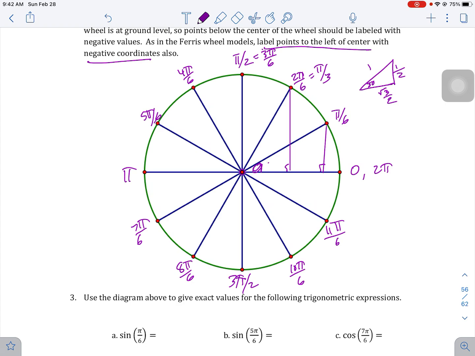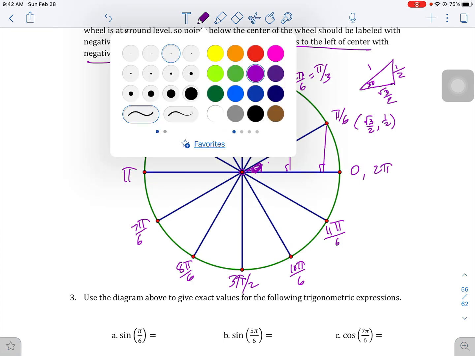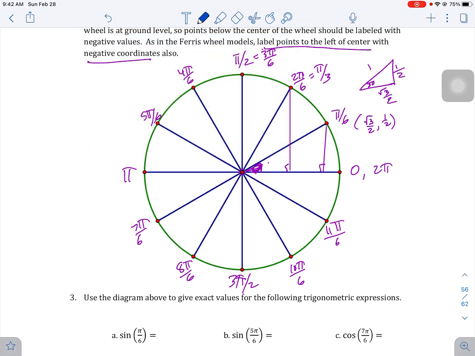So this our 30° is our angle of reference. So the y value in this one is going to be a half. So the x value would be square root of 3 over 2, 1/2. It would be the opposite. Let me do a different color for the next one. It would be a half, square root of 3 over 2.